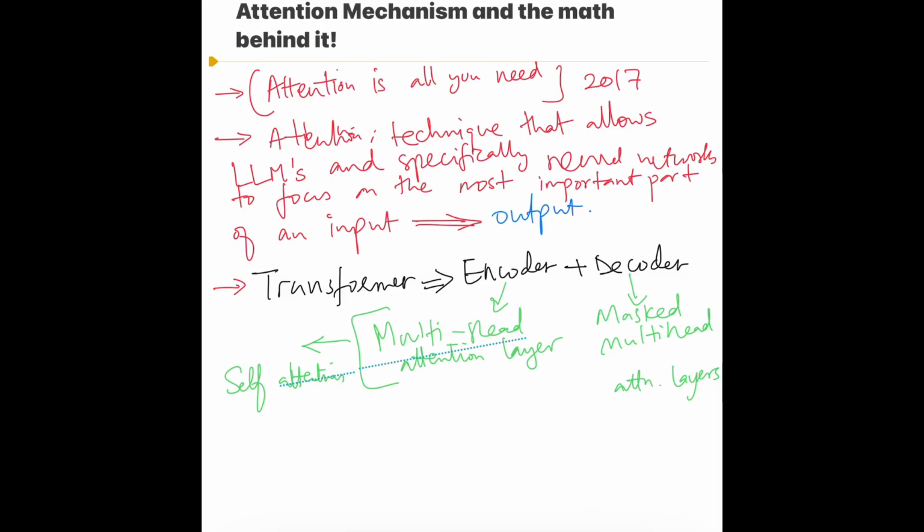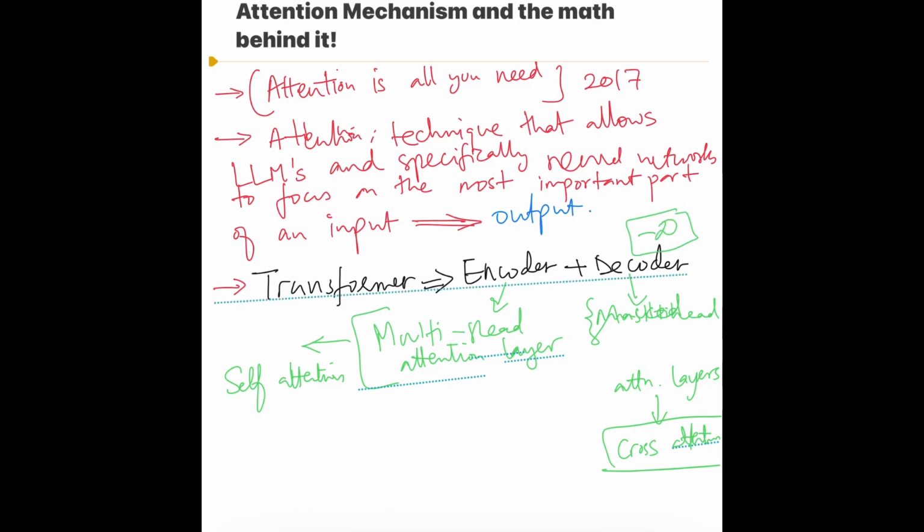In the masked multi head attention layers, the tokens that come after that particular token are masked. It's set to negative infinity during the softmax calculation, because we don't want access to the output.